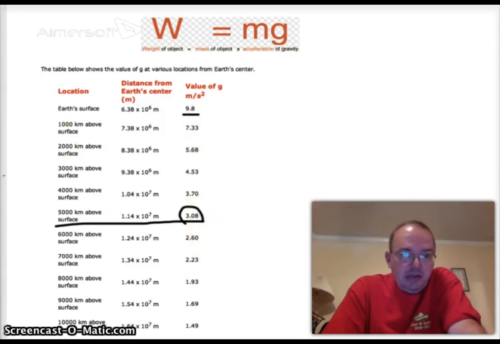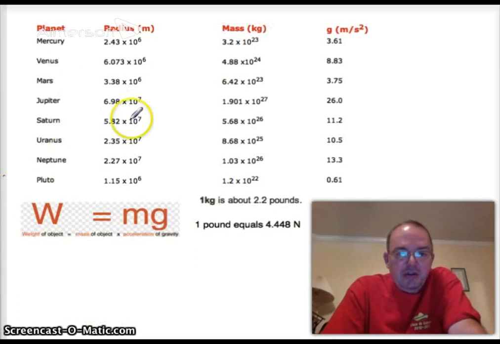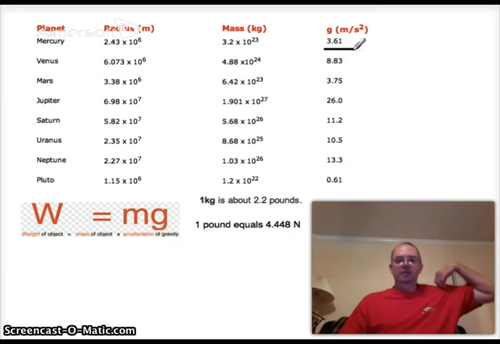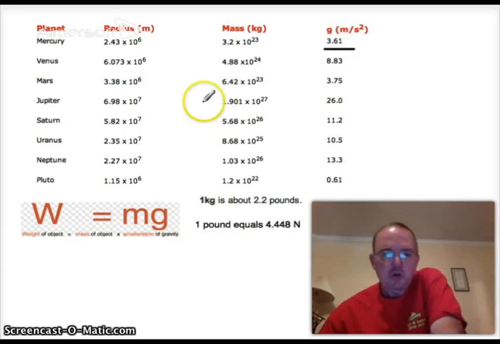Let's take a look at something else right here. And here's what it is on different planets. On Earth, we have 9.8 meters per second squared. On Mercury, it would be only 3.61 meters per second squared. So what would you weigh on Mercury? Well, let's see.